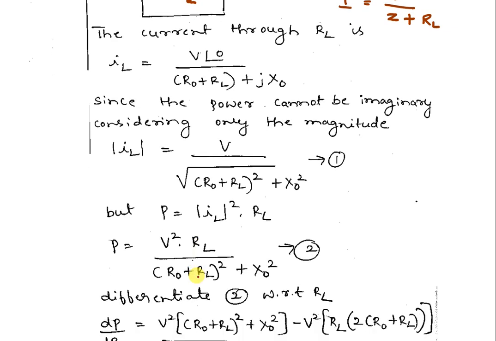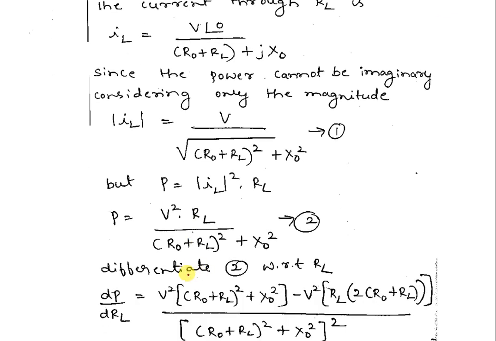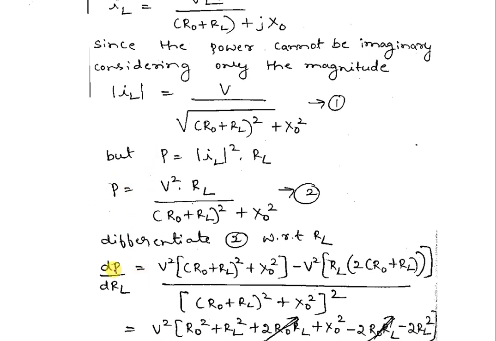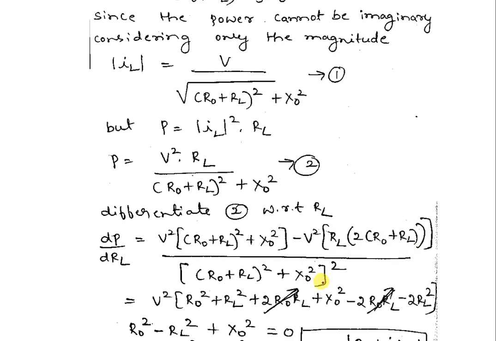Again, to find the maximum value of this power, you have to differentiate the power value with respect to RL, because RL is a variable, and equate it to 0.